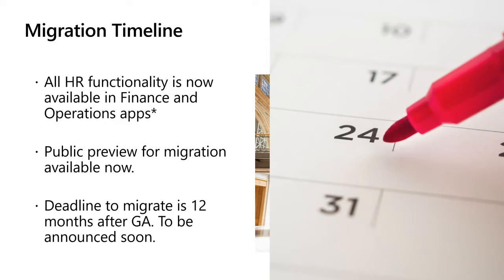GA will be announced soon, and it depends on the feedback during public preview, but the expected timeline is 1 month from the announcement of public preview. One important point to mention is that there will be a hard stop timeline where standalone human resources apps will not be available. This timeline is not decided yet, but it will be around 12 months after GA.